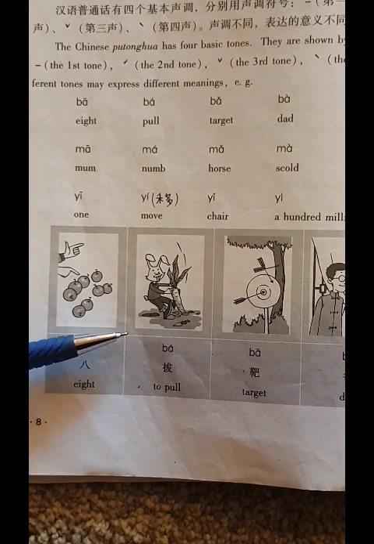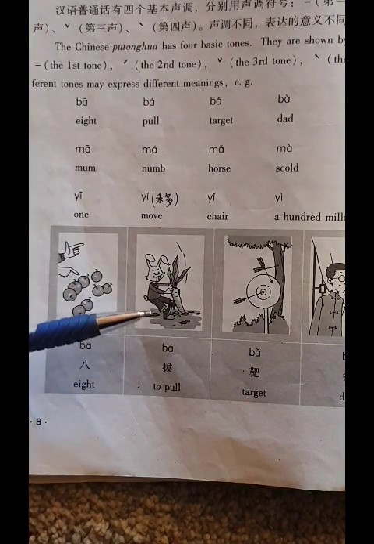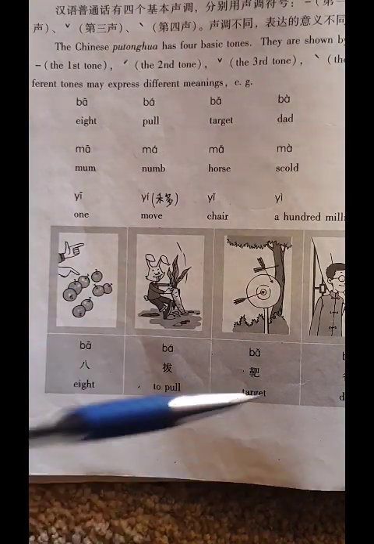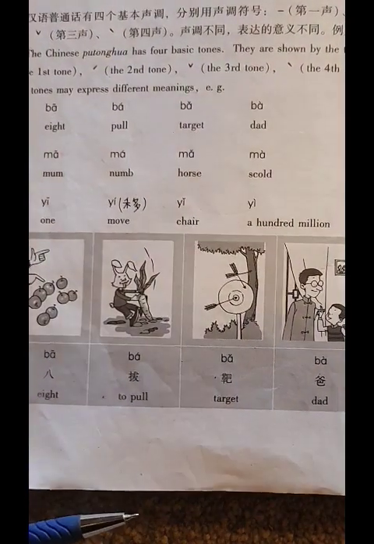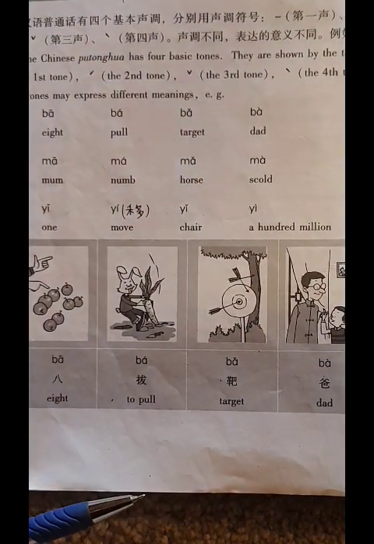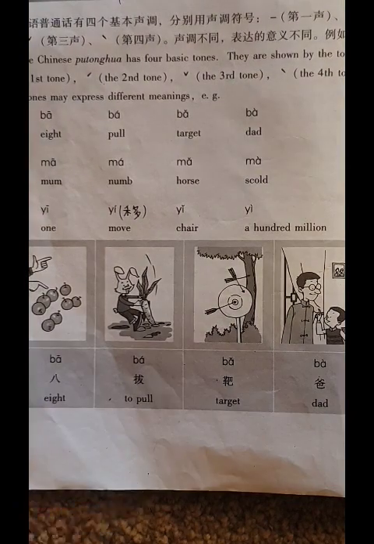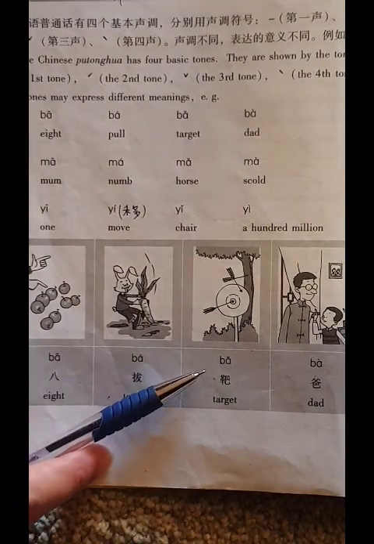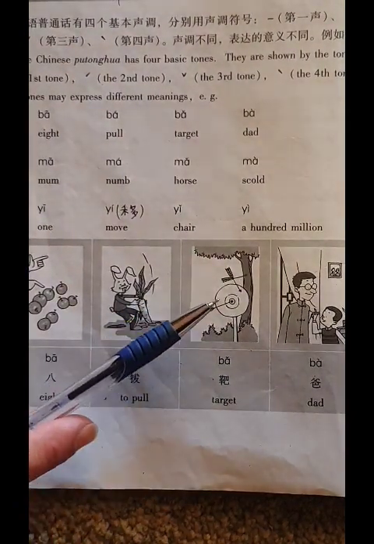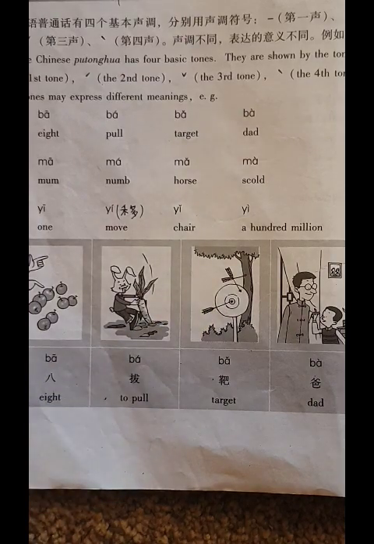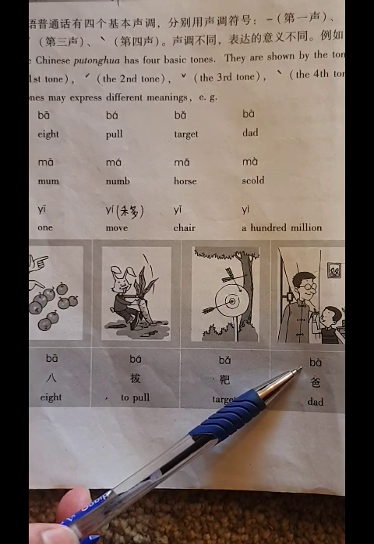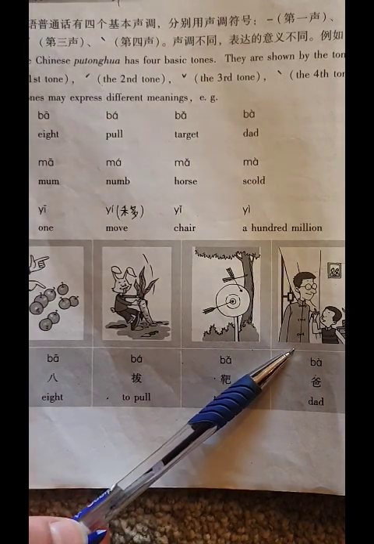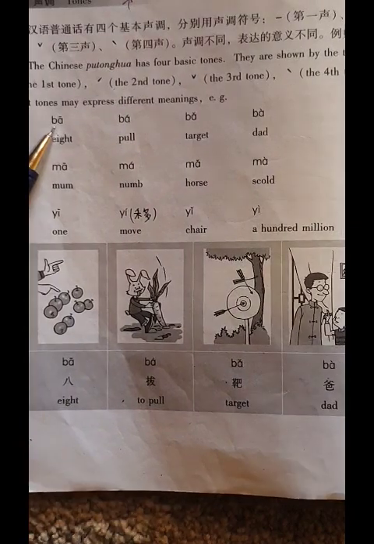So to pull, it's a verb. Look here at the rabbit, for example. He's pulling something. Then here we have bǎ, which means target, guys. And here bà, which means dad or father.